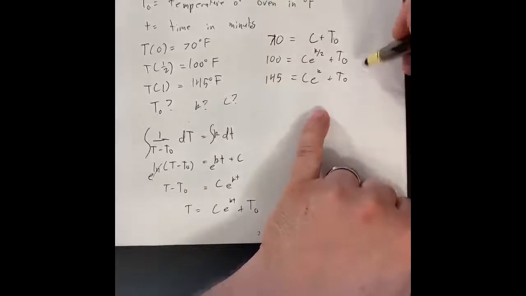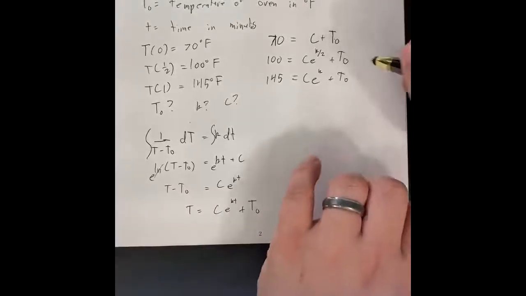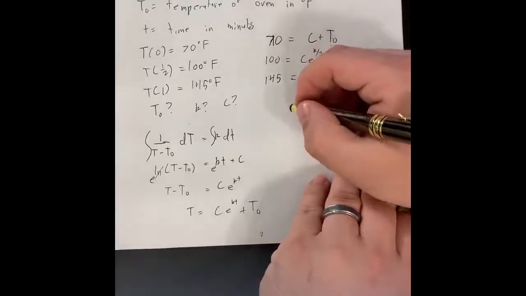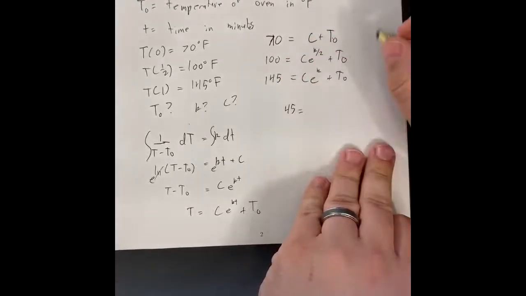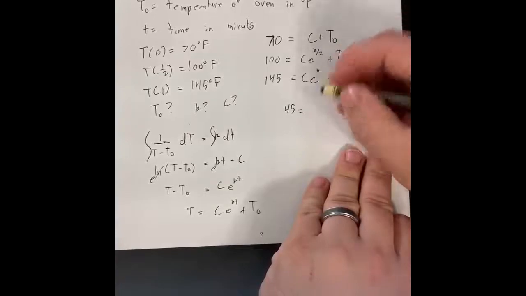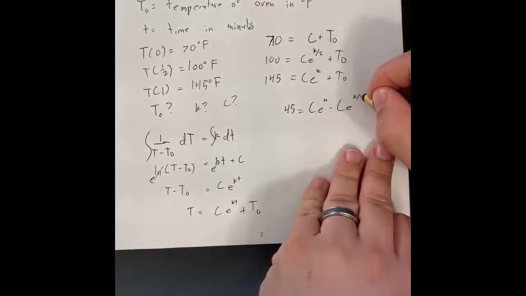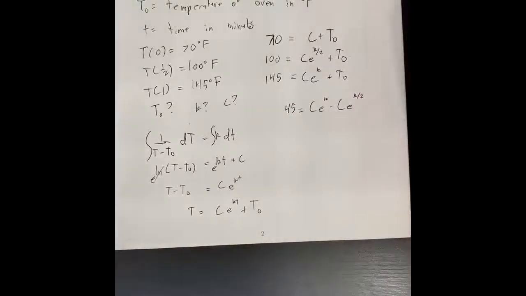We probably try and use these other two equations here. I haven't done this before, so let's just try some different things. So maybe I'll try subtracting the second equation from the third equation. So we have 145 minus 100, it'll be 45. We have C e to the K minus C e to the K over 2. And the T naught minus T naught cancels out.